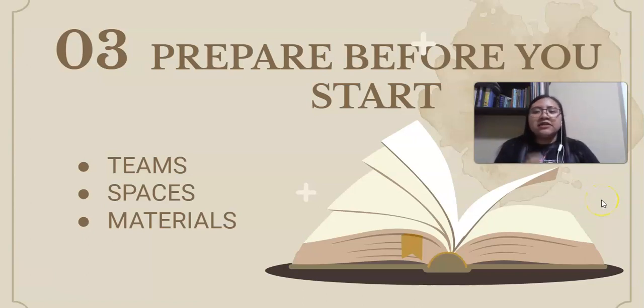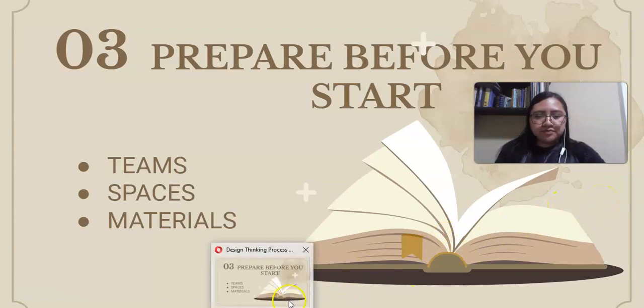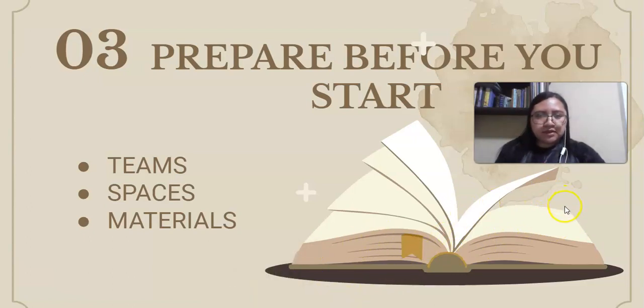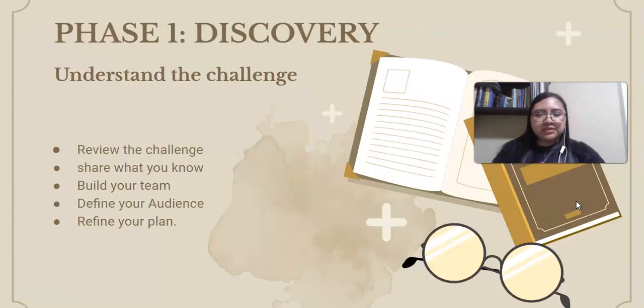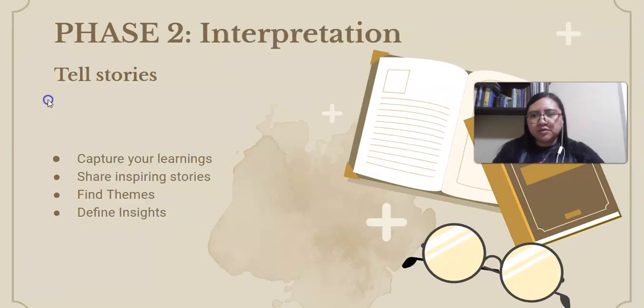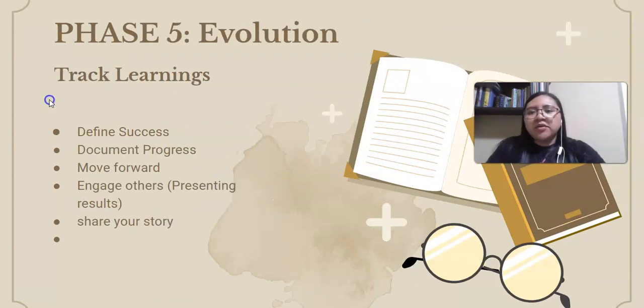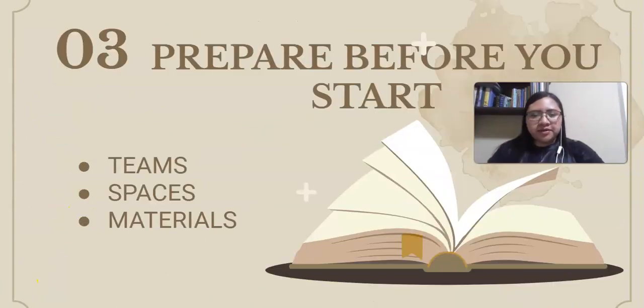Okay, then you prepare your teams, and your spaces where you are going to work, like in the classroom, at school, so all of the environment where you're going to work.